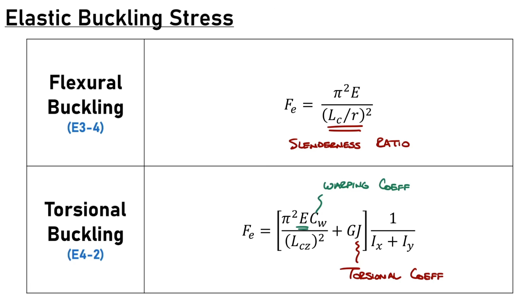Now, you may have noticed, especially with the flexural buckling equation, because that's much more familiar, that this looks a lot like Euler buckling. And in fact, it shares exactly the same derivation. The problem is that Euler buckling only applies to an elastic section. So when we have plasticity or some kind of yielding through the cross-section, we need to be able to modify our equation to account for that.